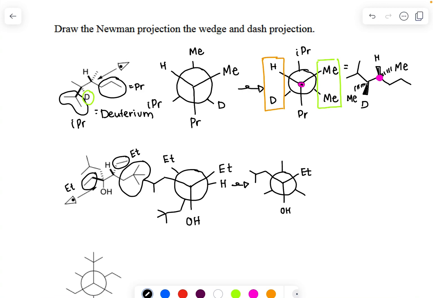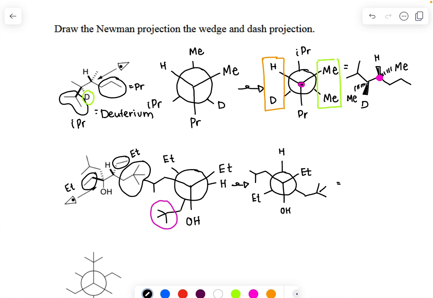I want to rotate this so my bigger groups are opposite one another. So I rotated this all the way over here, and I just want to make sure I maintain the order on my back atoms. It goes this big group, then ethyl, then hydrogen, going clockwise. There we go.